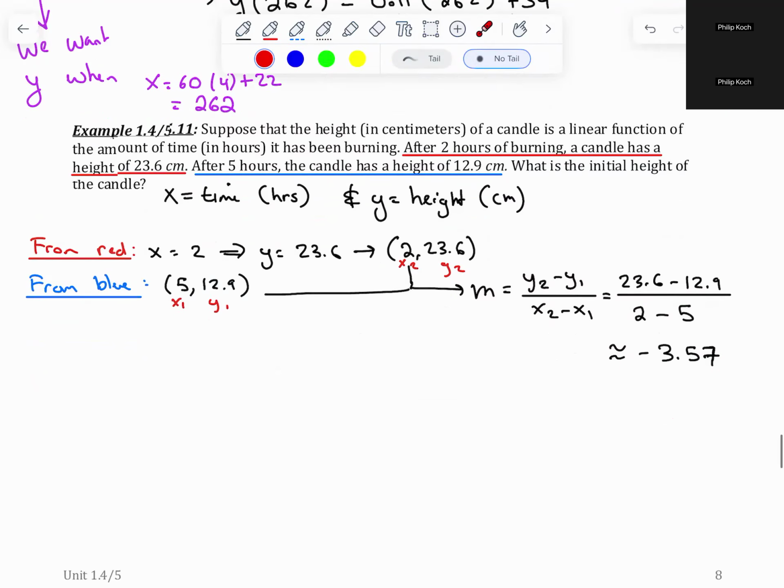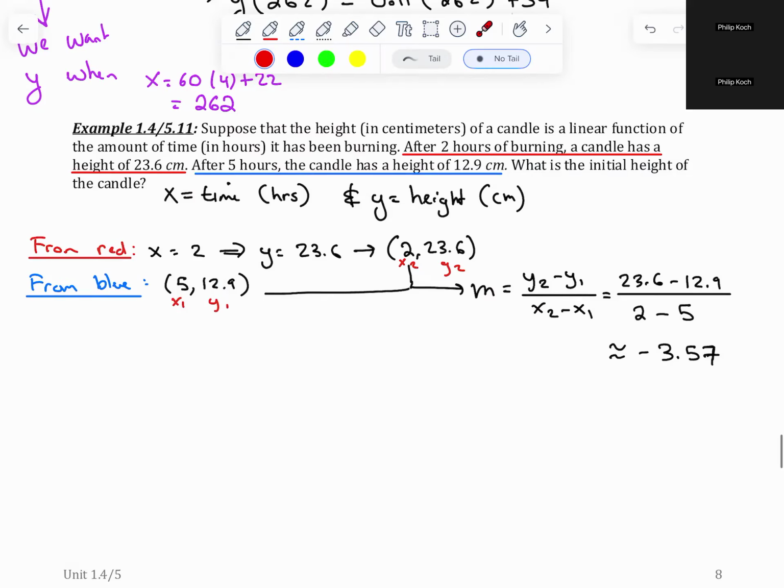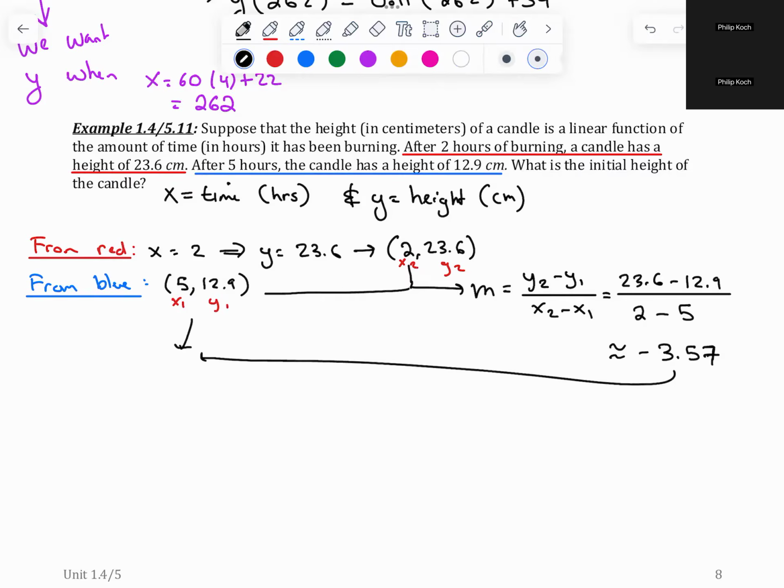Now we can use either point. We'll use this point here to get y minus y sub 1, so y minus 12.9 is equal to negative 3.57 times x minus 5. And then we need to use our calculator because I don't want to deal with decimals in my head. That seems like an unnecessary use of brain power.